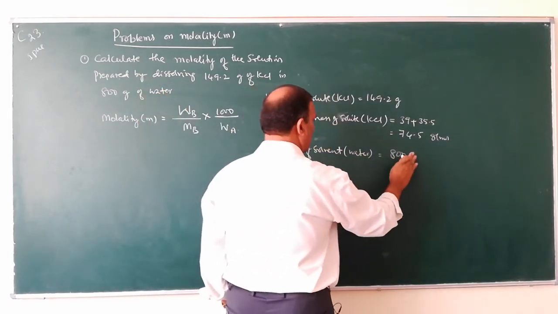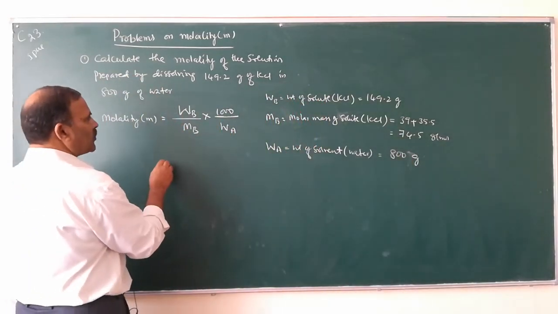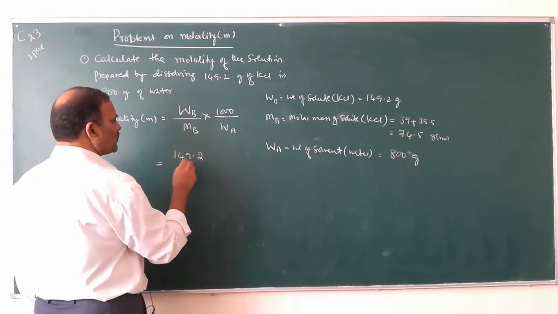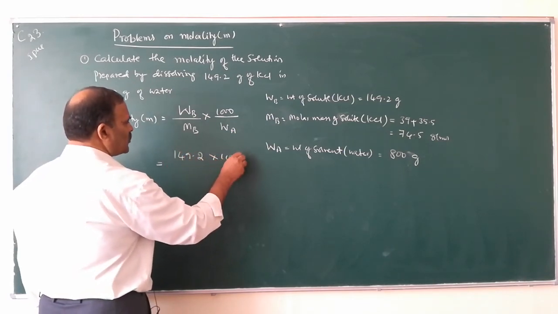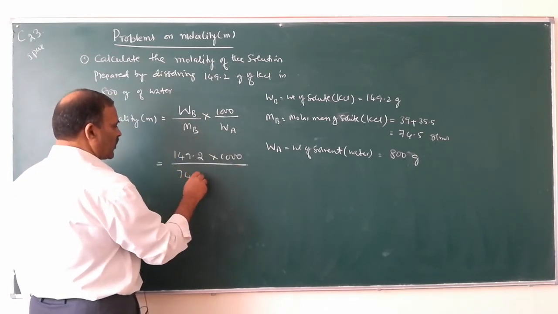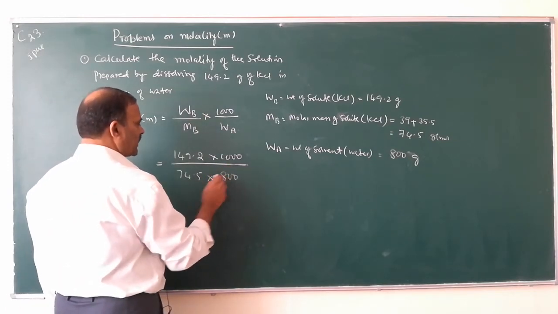So substituting in this equation, M equals 149.2 into 1000 divided by 74.5 into 800.